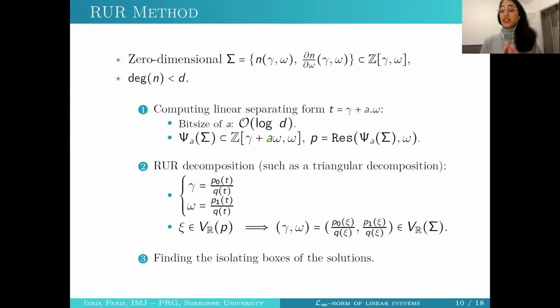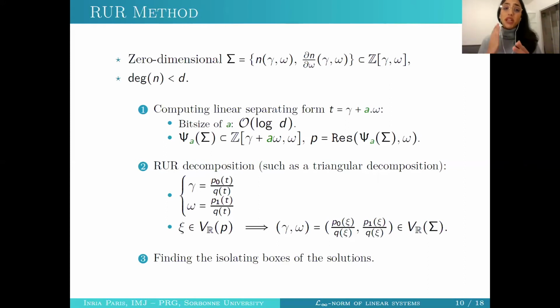And here the resultant polynomial with respect to omega is a univariate polynomial that embodies the gamma projection of my system solutions. The next step consists of computing a root decomposition, in a way that we obtain a one-to-one correspondence between the real roots of the univariate polynomial p and the system's real solutions. And finally, it finds the isolating boxes of the solutions.